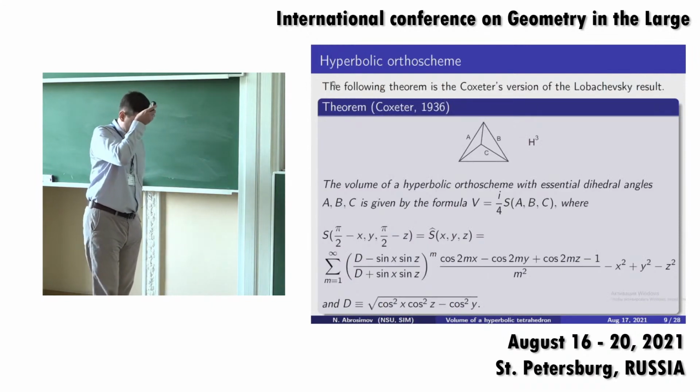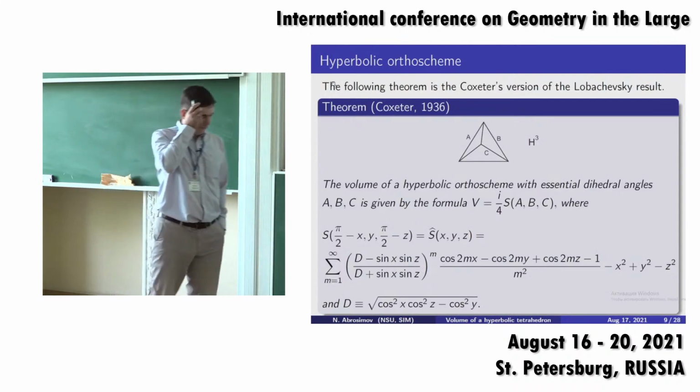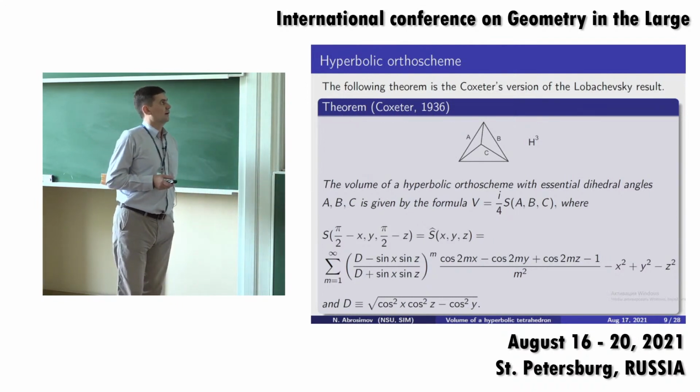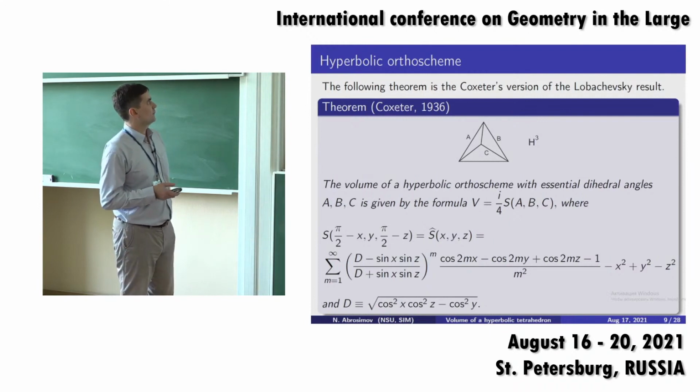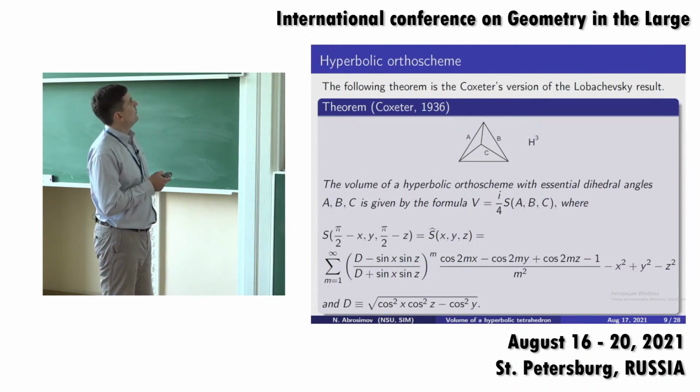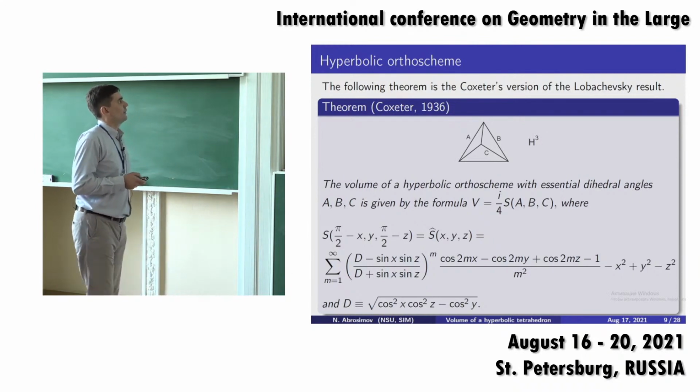Also, Lobachevsky found the volume of a birectangular hyperbolic tetrahedron, or so-called hyperbolic orthoscheme. And the next theorem presents the formula given by Coxeter for this case.